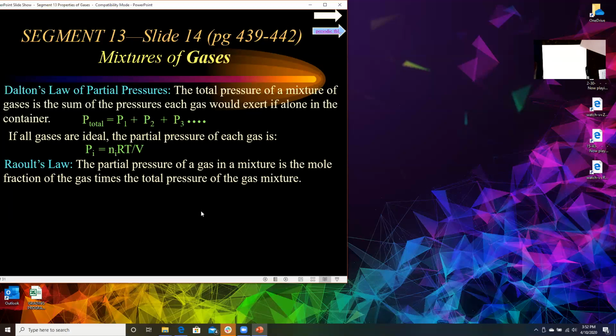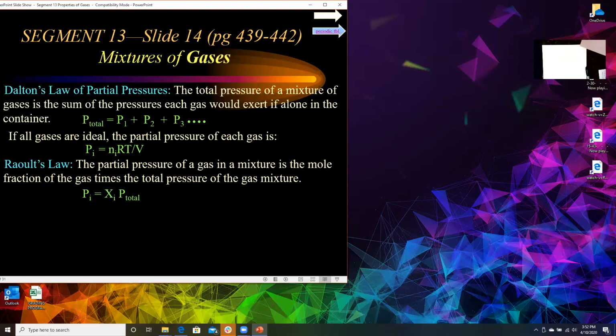Now, we're going to rearrange this term a little bit and generate what's called Raoult's law. It says the partial pressure of a gas in a mixture is the mole fraction of that gas times the total pressure in the gas mixture. Again, think of the logic here. Pressure is caused by number of moles.